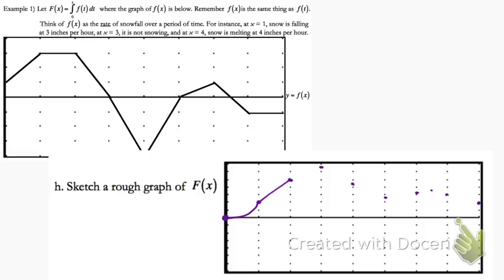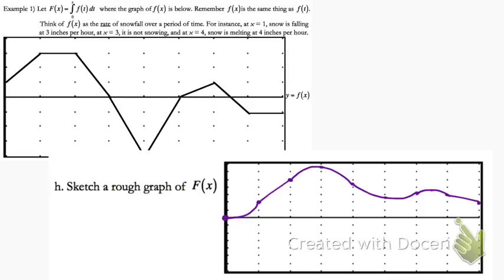From 2 to 4, it's concave down, so connect those with a frown. From 4 to 6, it's concave up, so connect those like a cup. From 6 to 7, concave down. And then last but not least, there's no concavity from 7 to 8, so connect those with a straight line. So this is what the snowfall looks like over time.